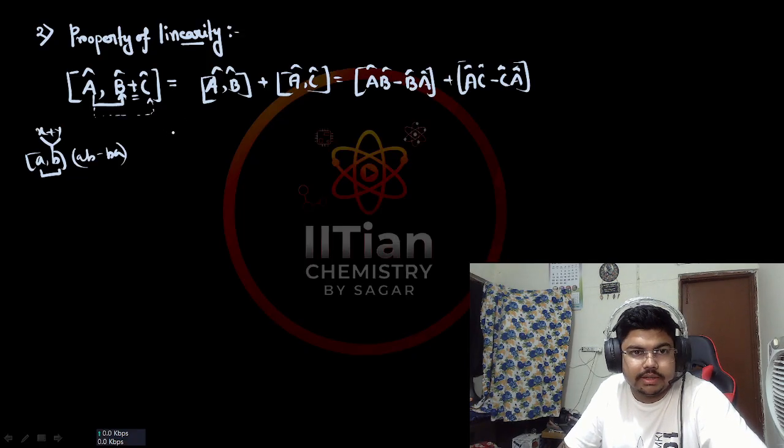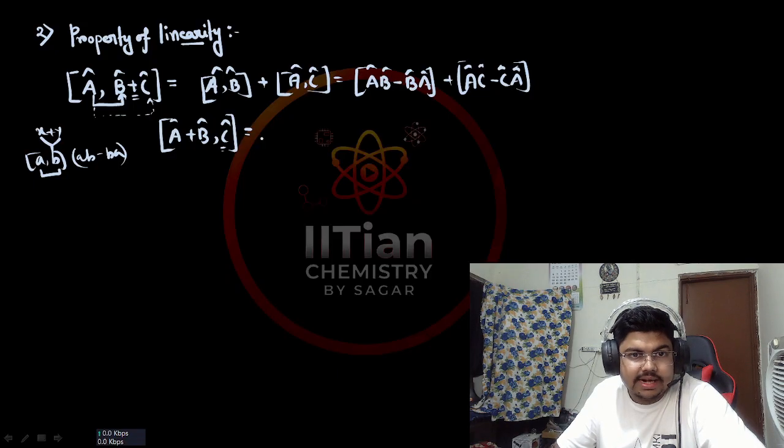Similarly, you can practice like this: A plus B comma C. What will be its value? Now C is on the right hand side, so you will make two boxes obviously. You will put a plus sign between them. Okay.